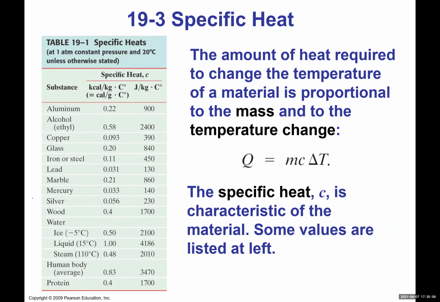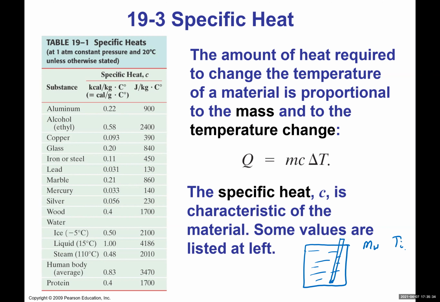Now here what we're going to do is this. Let's say we have a container with some water in it. I measure the temperature of the water, where the MW represents the mass of water. So I measure the initial temperature, T initial.